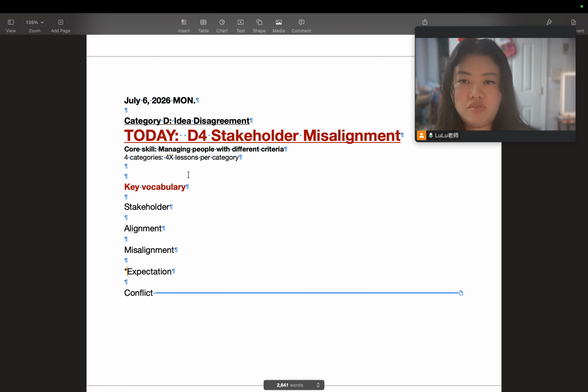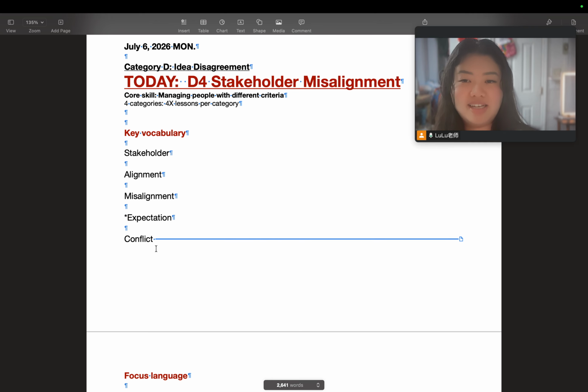Here are the key vocabulary: stakeholder, alignment, misalignment, expectation, conflict. I put a little star next to expectation because I feel like that's the core of managing people with different criteria, is to be able to make the expectation realistic so there is not a crash out at the end based on differences in what each believe the results should be.